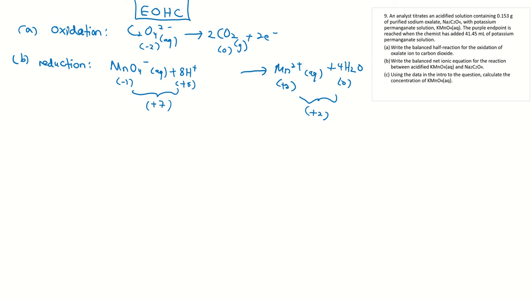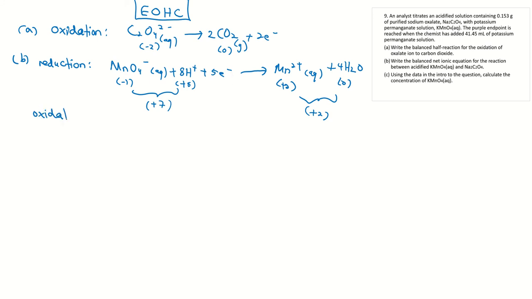Just calculate the difference: 7 minus 2 equals 5, so you have to add 5 electrons. This is the reduction equation, but the question asks you to write the balanced overall equation. The number of moles of electrons transferred in the oxidation reaction is 2, while in the reduction reaction it is 5. So you have to times by 5 for the oxidation and times by 2 for the reduction equation.